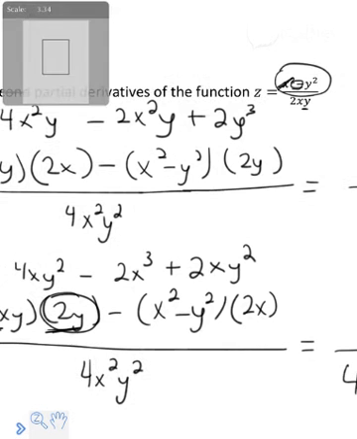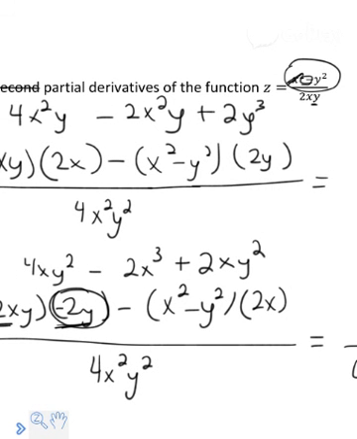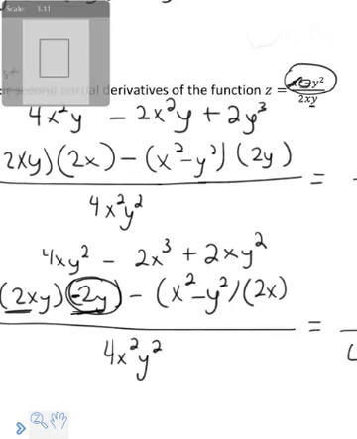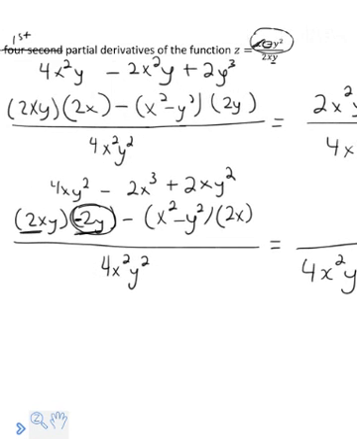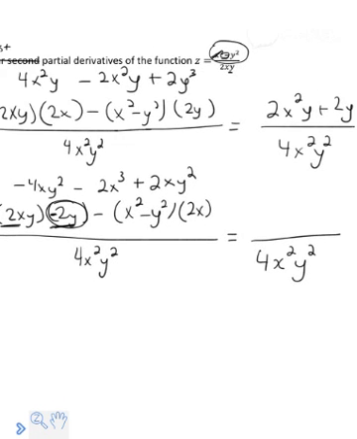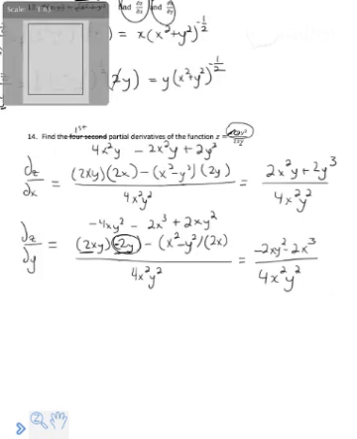So the derivative should actually be negative 2y. My apologies. Which is going to make that negative 4x y squared. So combining like terms in the numerator there is going to give us a negative 2x y squared minus 2x to the third over 4x squared y squared.